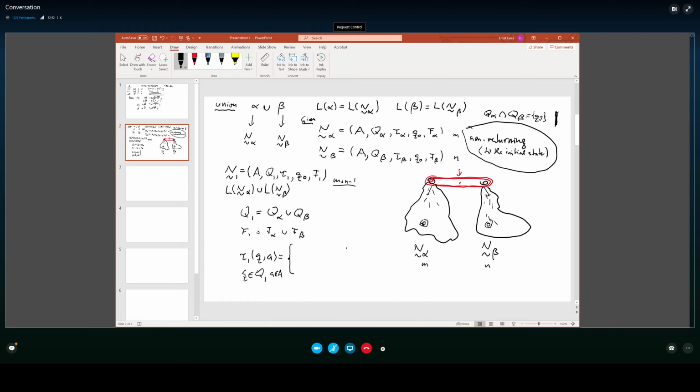So if Q is Q sub 0, then we're going to do tau alpha of Q sub 0 and A, union tau beta of Q sub 0 and A.